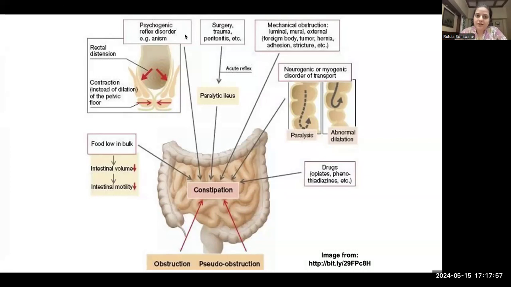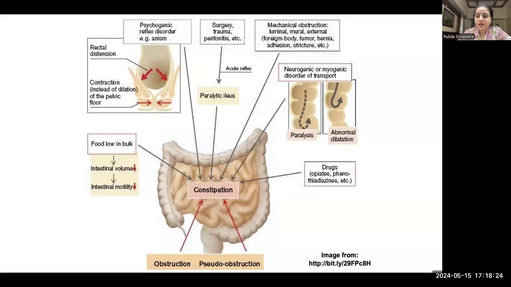If there are any psychogenic disorders, if there is any surgery or trauma which causes paralytic ileus, if there is mechanical obstruction, if there are any neurogenic or myogenic disorders, or drugs which can cause constipation. Now, in our setup, it would mostly be drugs which are causing constipation, especially opioids. So we'll have to manage that accordingly.